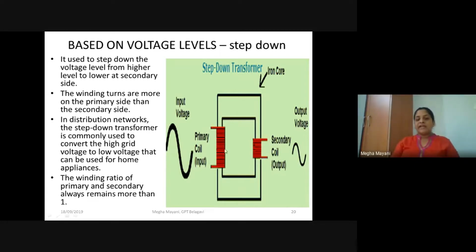And here the winding ratio, which will be N1 by N2, is always greater than 1 in case of step down transformer. Friends, I hope it is clear. Step down transformer, we have primary winding voltage to be greater than the secondary winding voltage. The turns ratio is greater than 1, usually used in the power distribution networks.